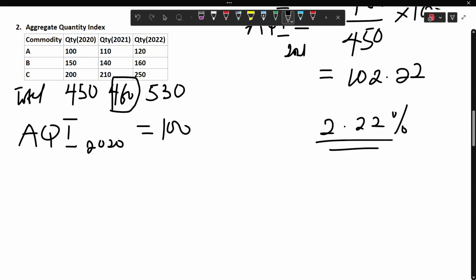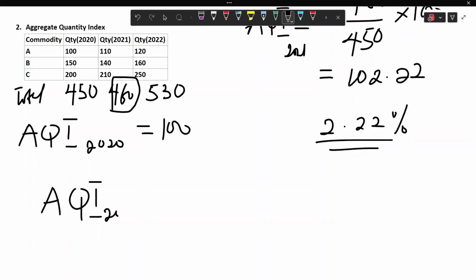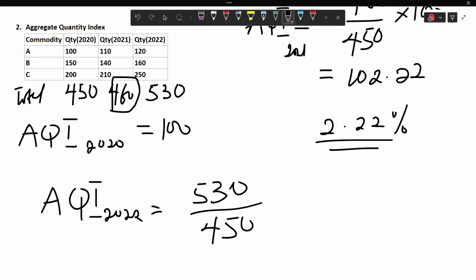Okay, now the last year, aggregate quantity for 2022 is equal to 530 divided by the base year, which is 450, times 100.